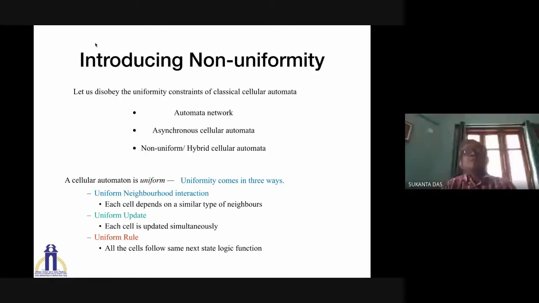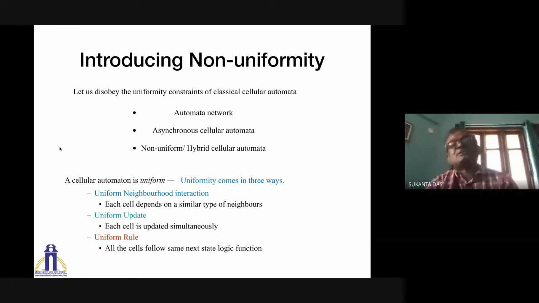Now, as I've said, we want to deviate from the classical definition, and how to deviate? We want to introduce non-uniformity in the cellular automata structure. Here I have three kinds of uniformity: uniform neighborhood interaction, uniform update, and uniform rule.